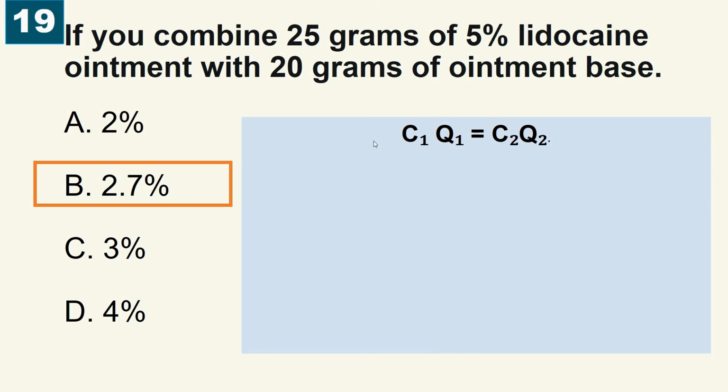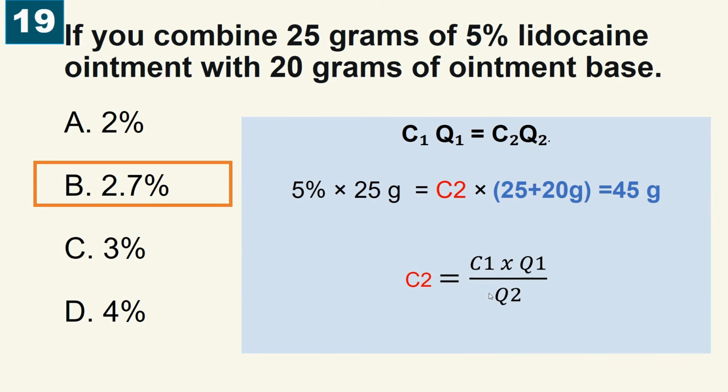Let's solve. This can be solved by C1 Q1 equals C2 Q2. The question is, after combining 25 grams of 5% with 20 grams of ointment base, what will be the new concentration?